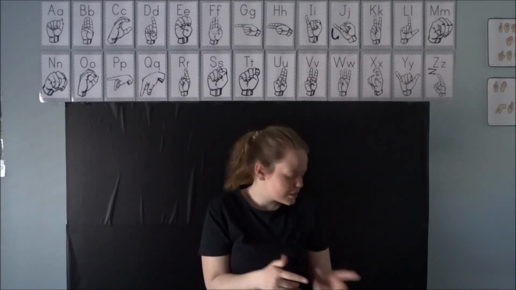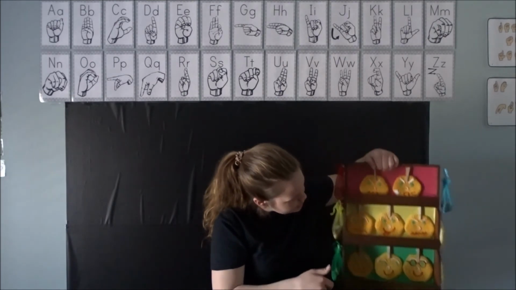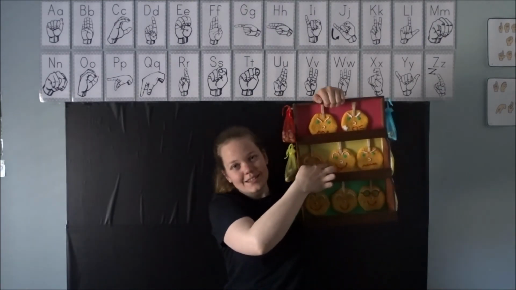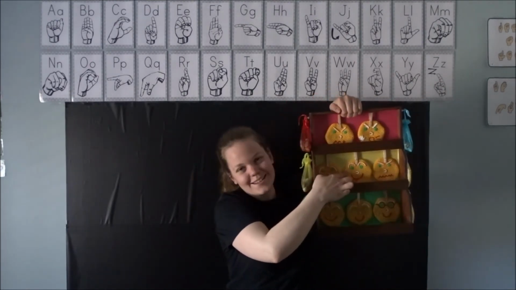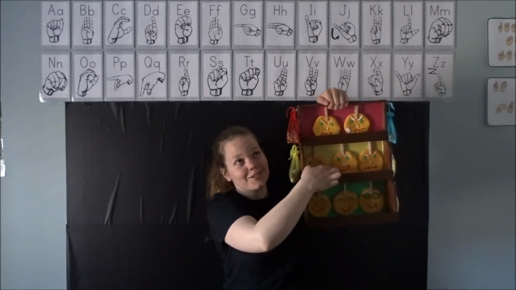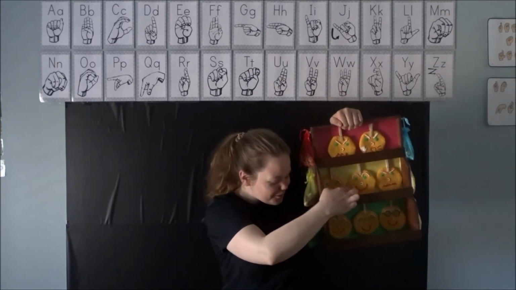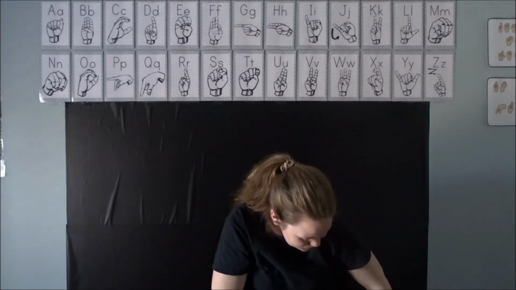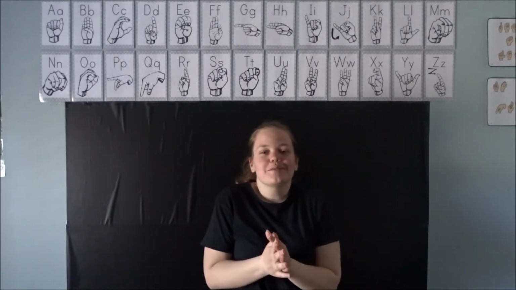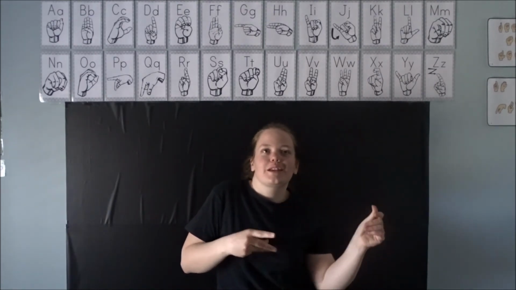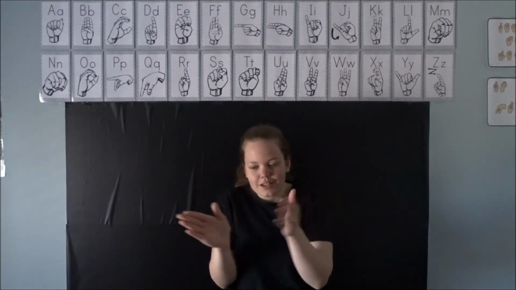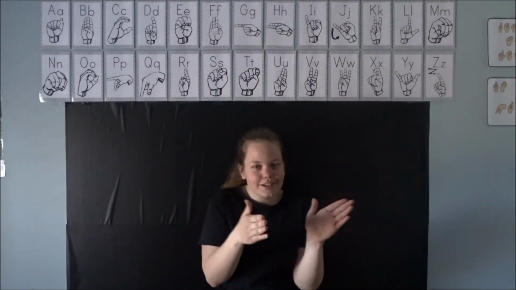Alright, so the next one that we are going to learn is silly. This is probably the emotion I encounter the most at school, hands down. And it's a really, really fun emotion, but it can be directed in the right way.